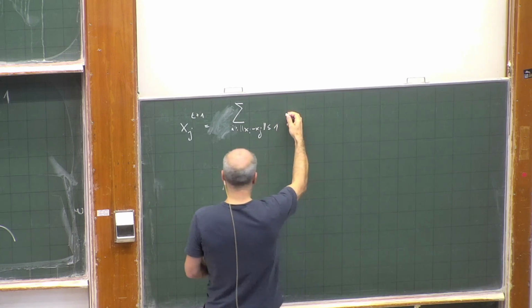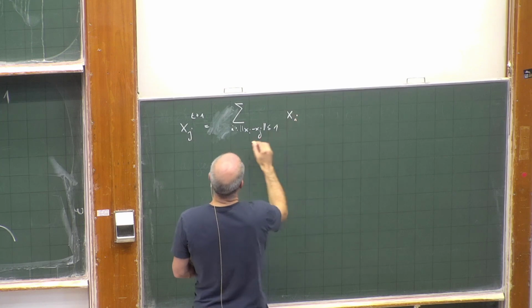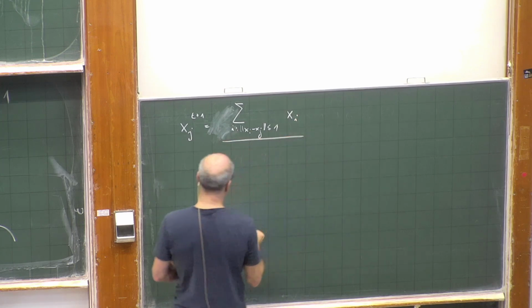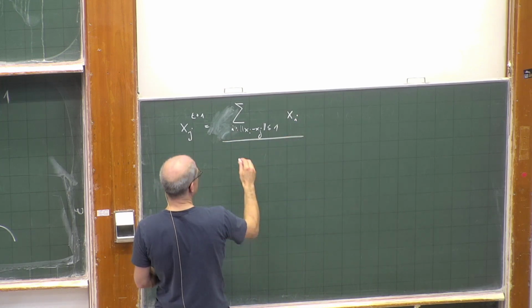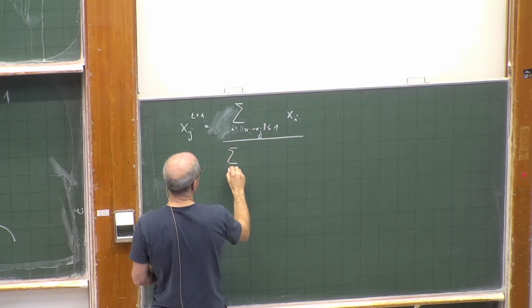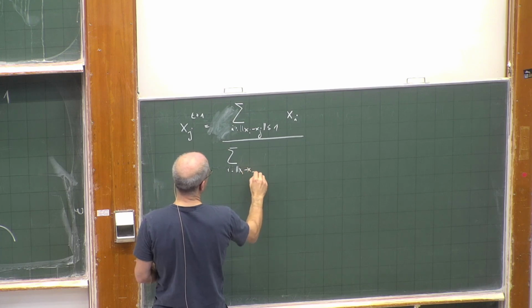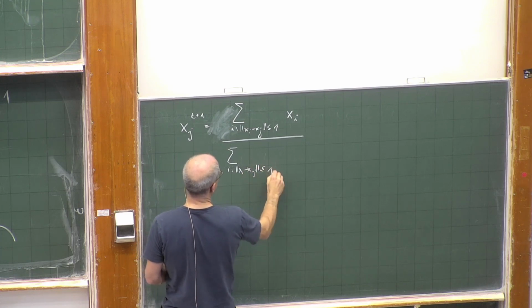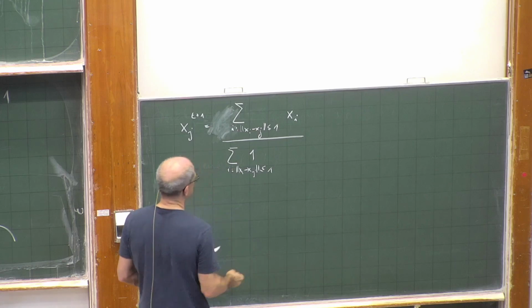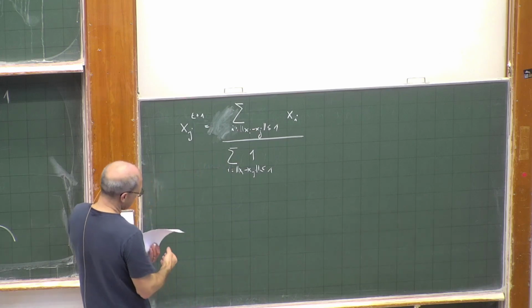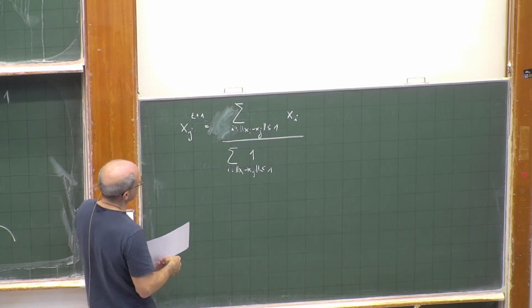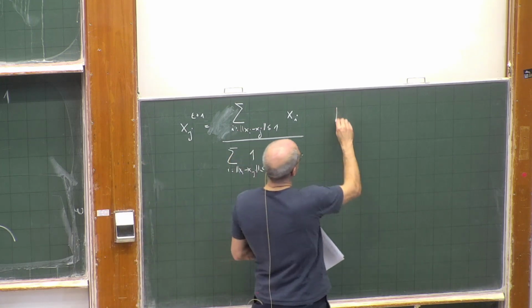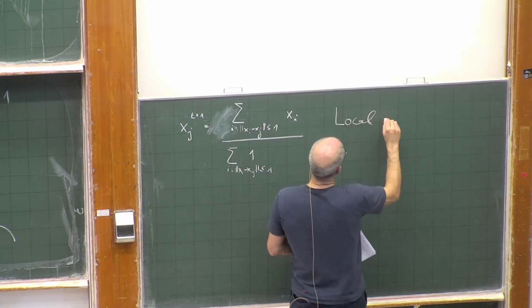Over their locations. And then we count how many points were in this vicinity. Okay, so what we have, what this thing is, is the local center of mass.